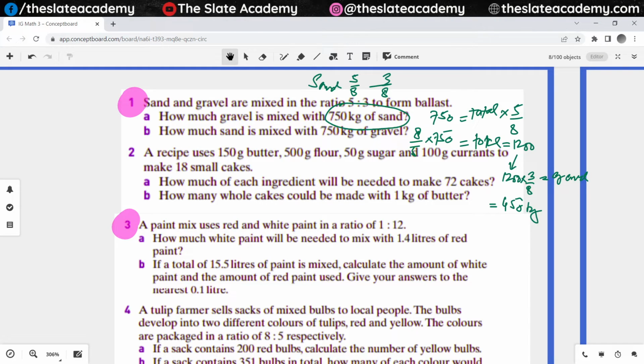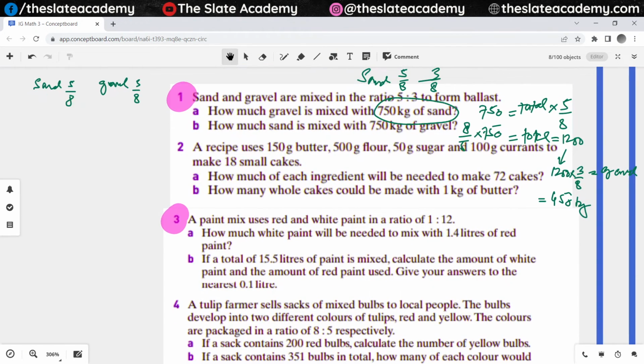Okay, so if I were to do it quickly, let me again write ratios over here. So sand is 5 out of 8 and gravel is 3 out of 8. Now I am told that I have 750 kg of gravel.